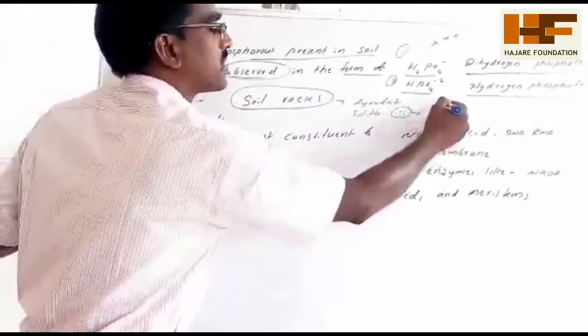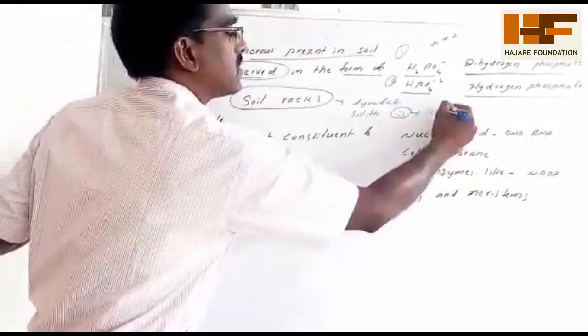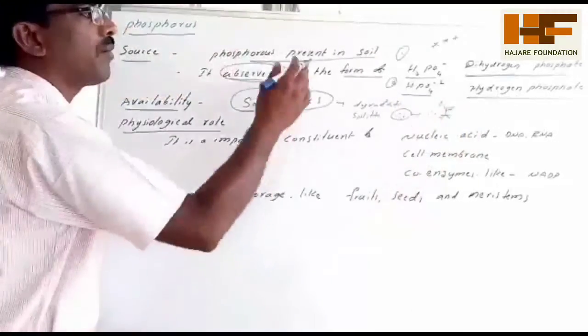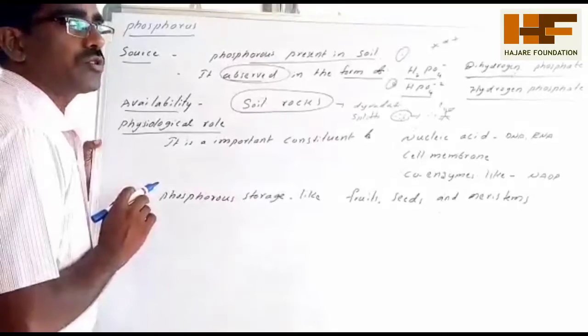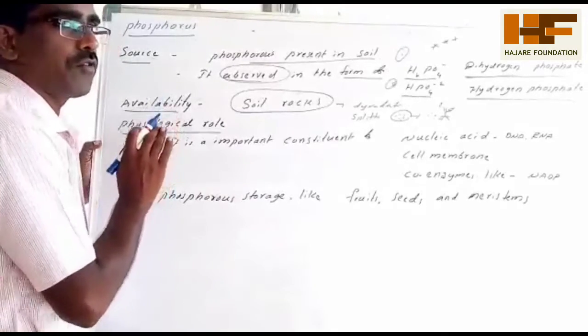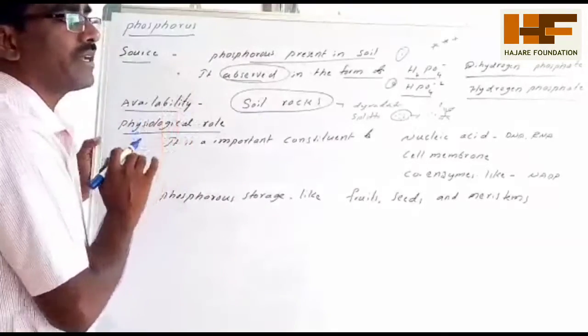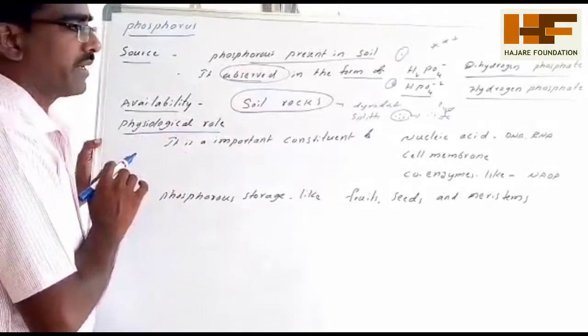Anyhow, the phosphorus is taken by the plant with the help of its roots in the form of H2PO4 minus and HPO4 minus 2.